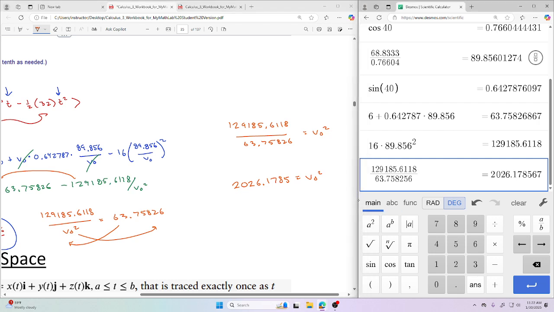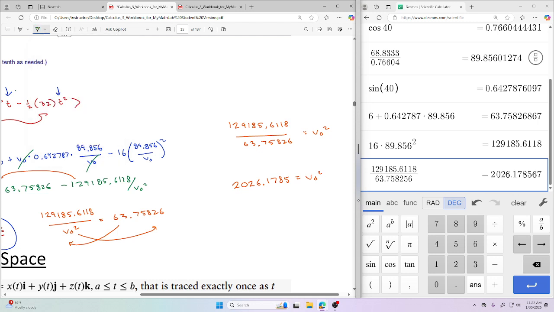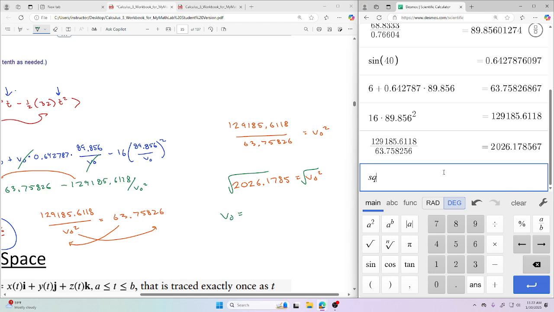How do I get rid of the square? Square root both sides. And again, in this class, you don't need the plus and minus. Every rule you learn, just ignore now. Okay. 45.013.